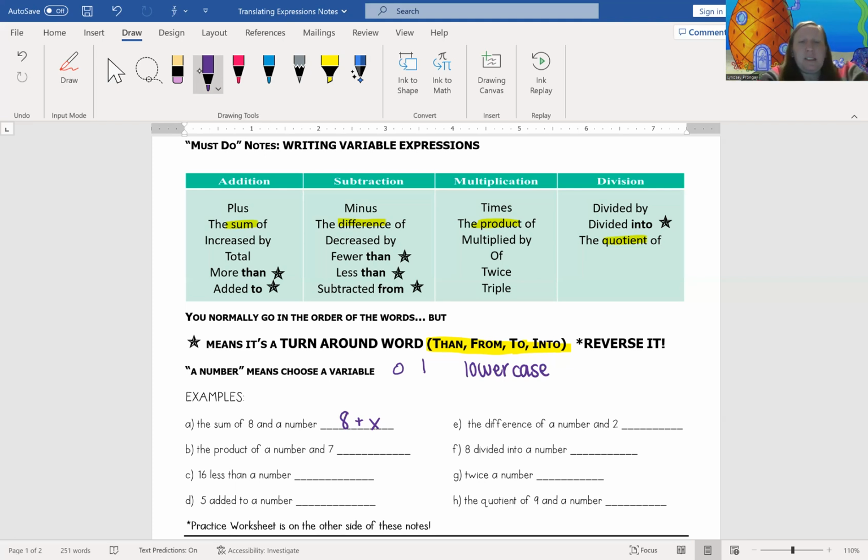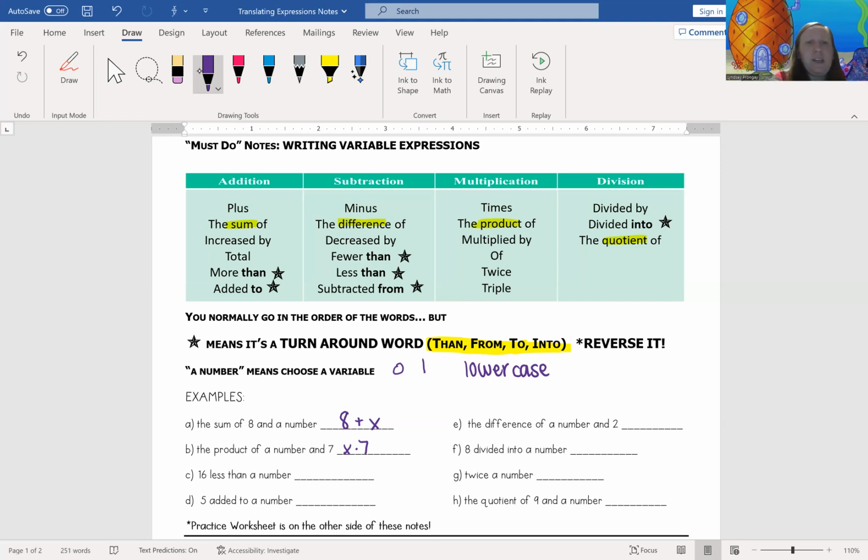Next one is the product of a number and 7, and the product means multiplication. What you would probably start out with, and which technically is fine, is something like x times 7, where you can use the dot for multiplication. We can throw these in some parentheses.